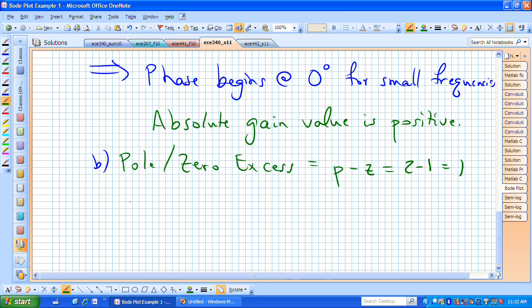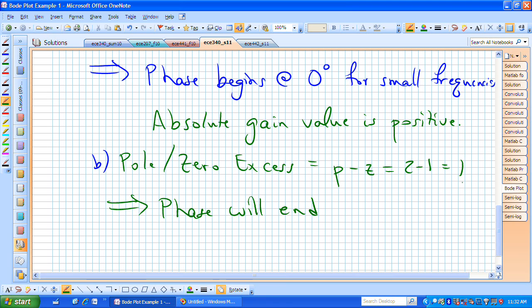With that particular observation, we can make several facts known to us as we're sketching. We know that the phase eventually, for high frequencies, will end relative to this pole zero excess value.